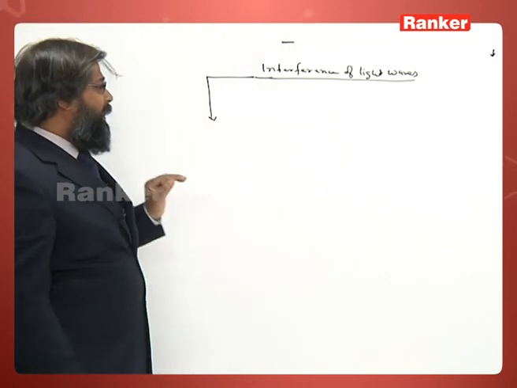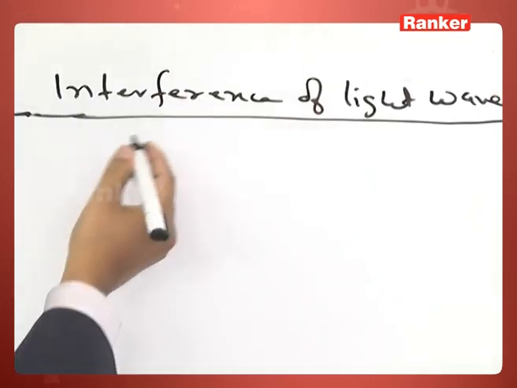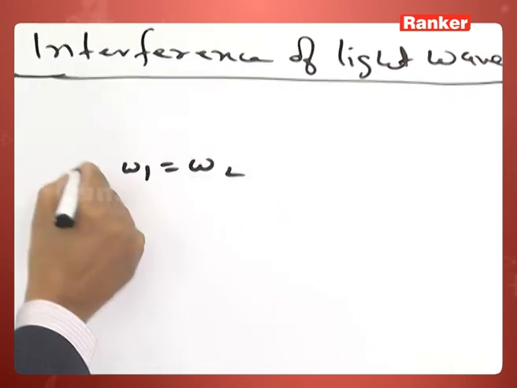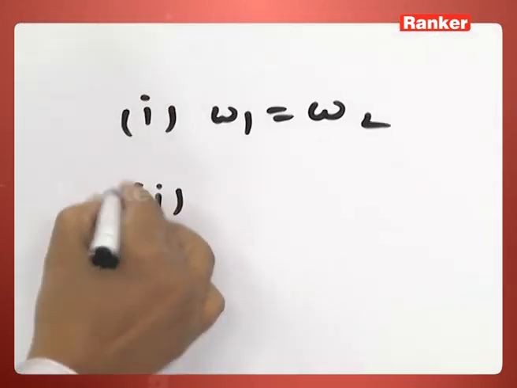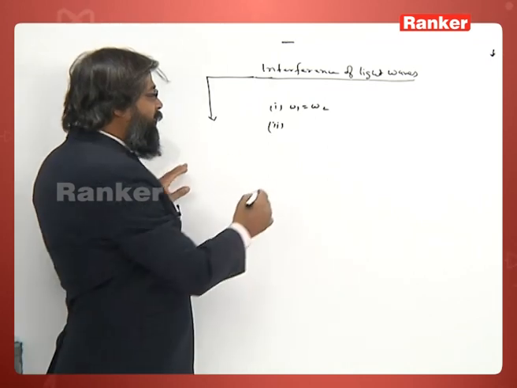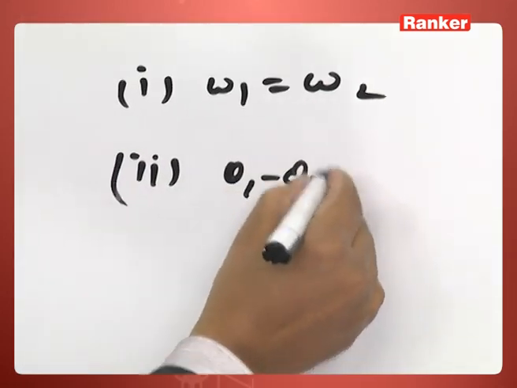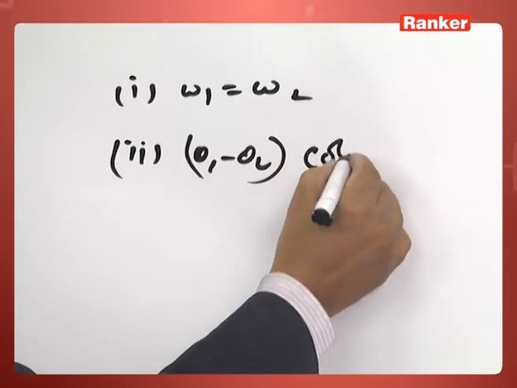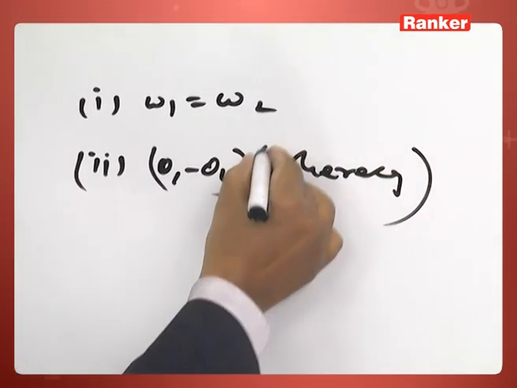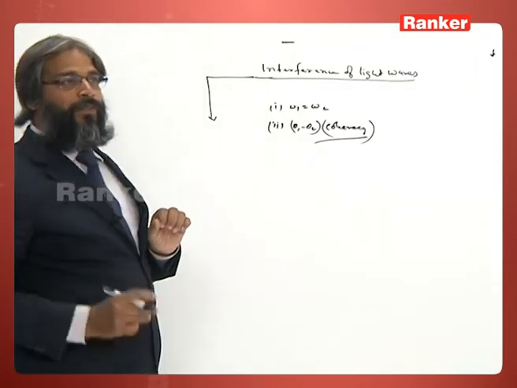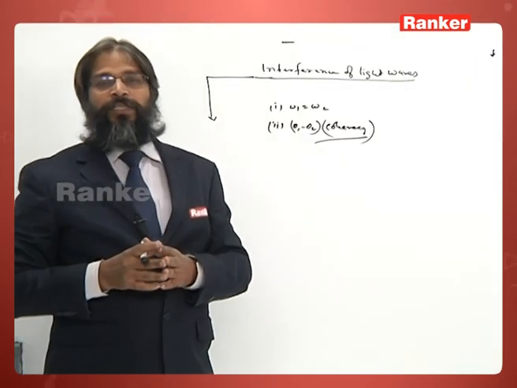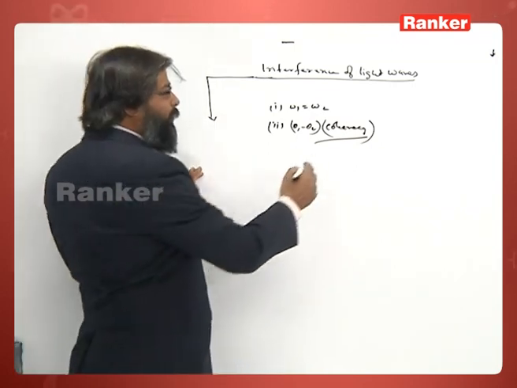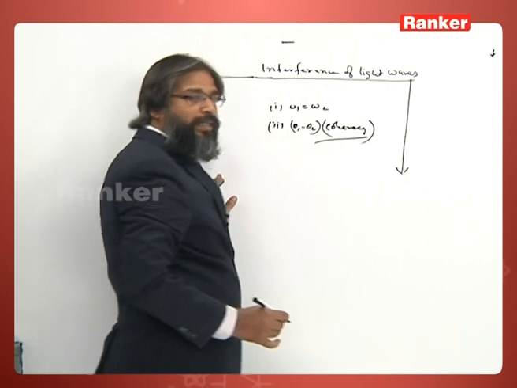We have already seen that the essential criteria to produce interference of light is, first, omega 1 must be equal to omega 2, and second, theta 1 minus theta 2 should not vary with time, that is coherency. The two sources must be coherent sources. Now how do we create two coherent sources? We have two techniques.